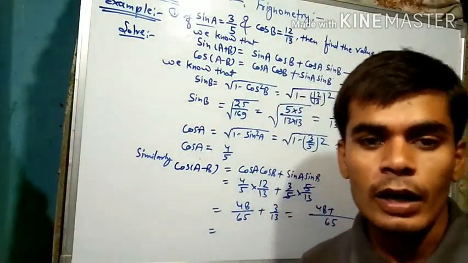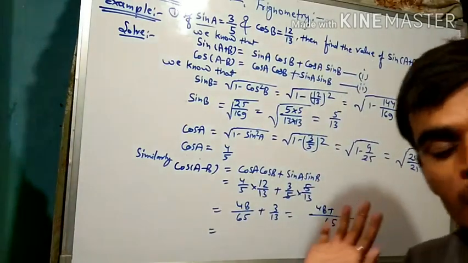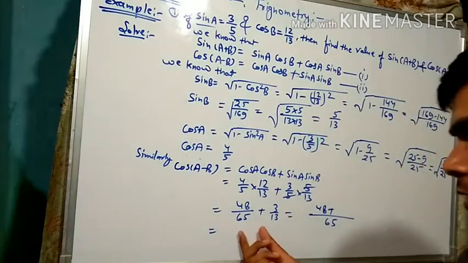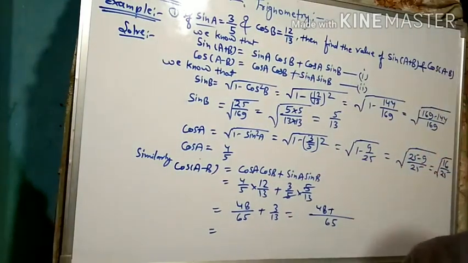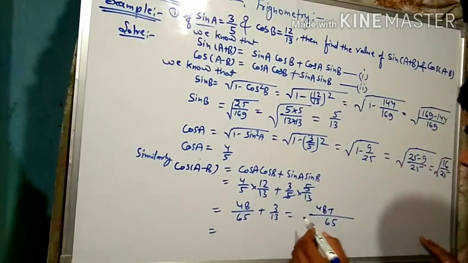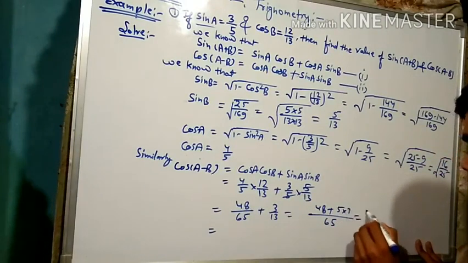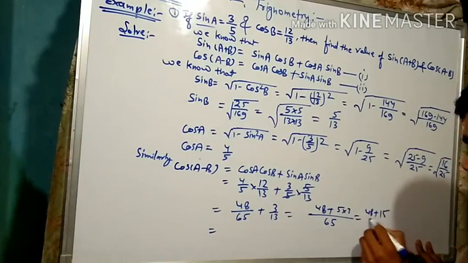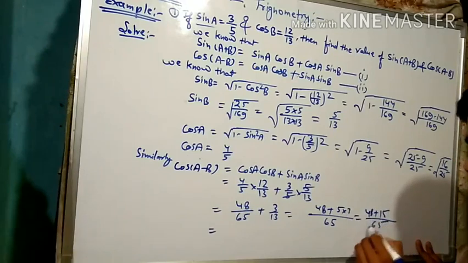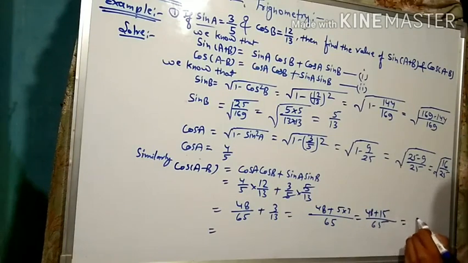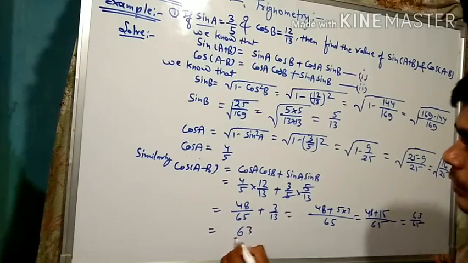So please study previous classes, because this is a basic topic from 4th or 5th class. 5 into 3, 48 plus 15, 65. Add them: 63 upon 65.